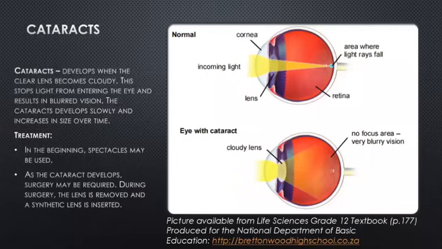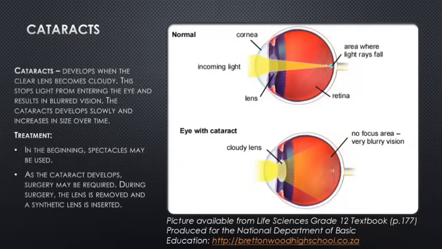Okay, now let us look at cataracts. What are cataracts? Cataracts develop when the lens becomes cloudy. In simple terms, a cataract is when you have a cloudy lens. This stops the light from entering the eye. Why? Because the lens is cloudy, so the light is not able to enter properly, right?